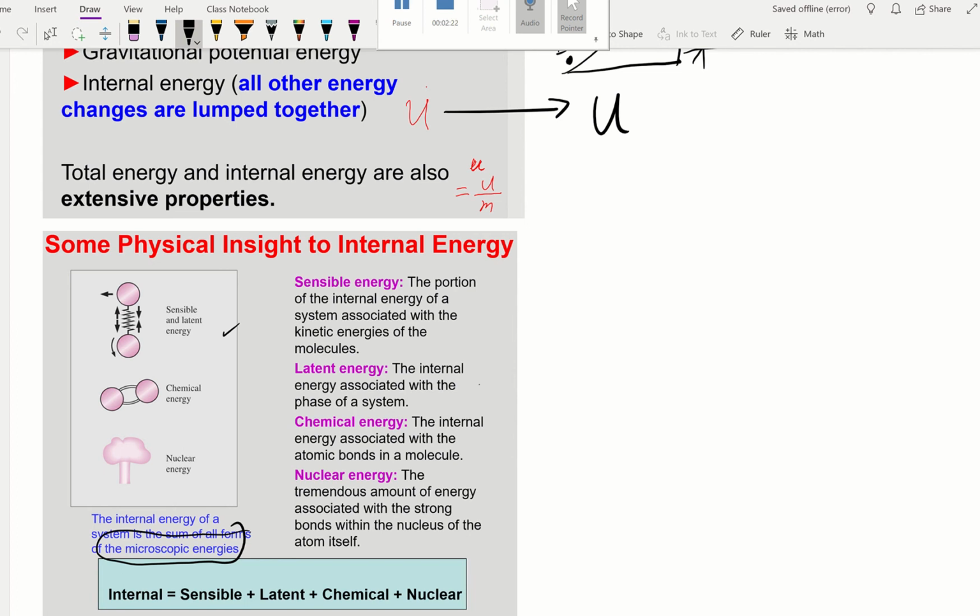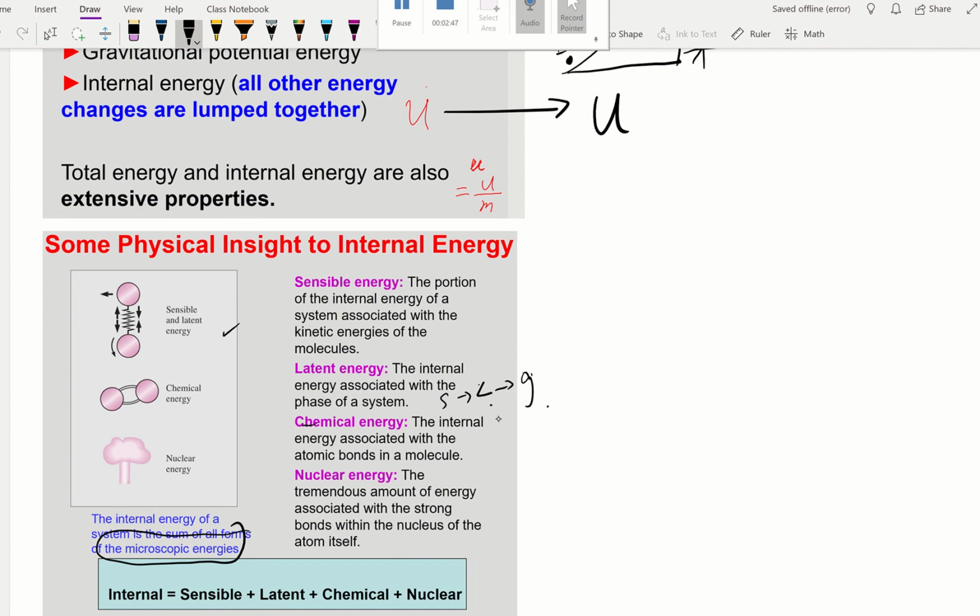And latent energy is associated with phase. For example, from liquid to gas or from solid to liquid, those are different states of the system. When you go from solid to liquid, your latent energy increases. Same thing from liquid to gas, your energy increases. And also there's chemical energy that's part of this internal energy.